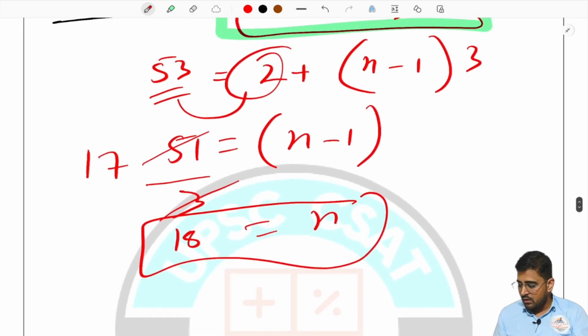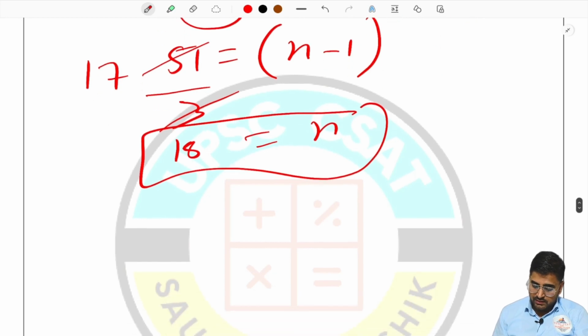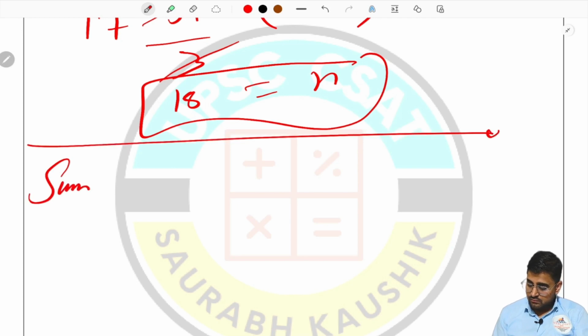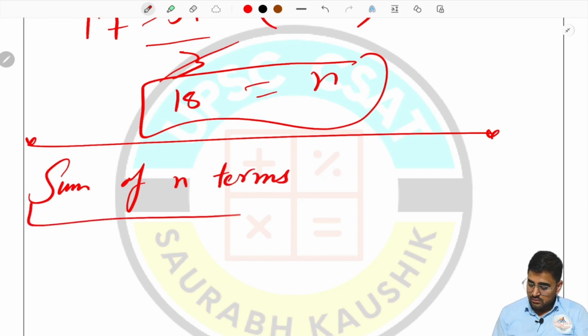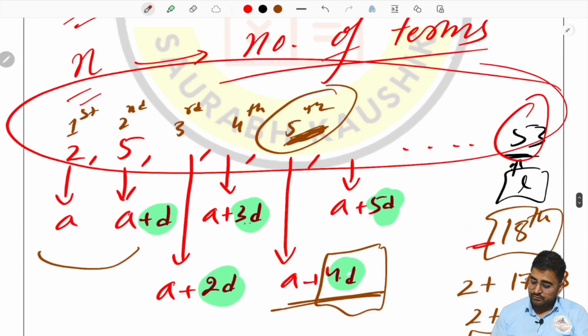Now we have talked about how many terms there are. Let us say we have to find the sum of the n terms. Means now the situation is, sir, please add all of them.